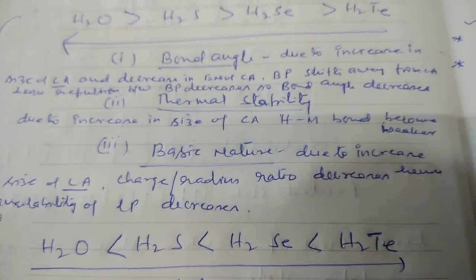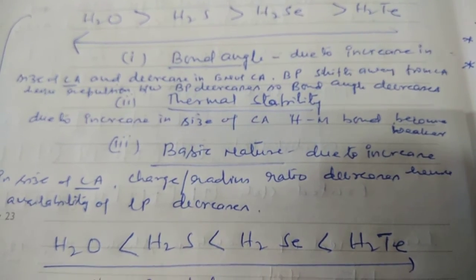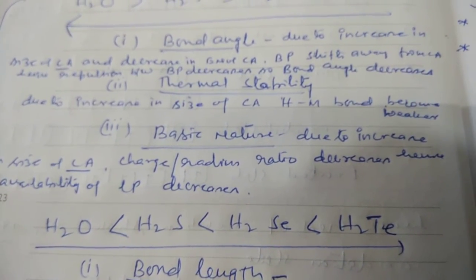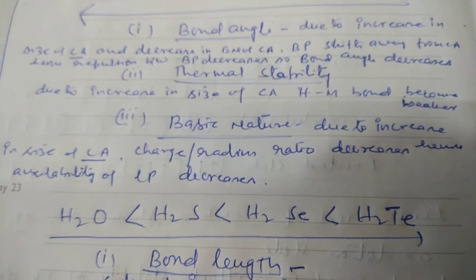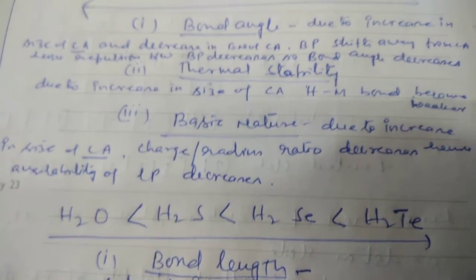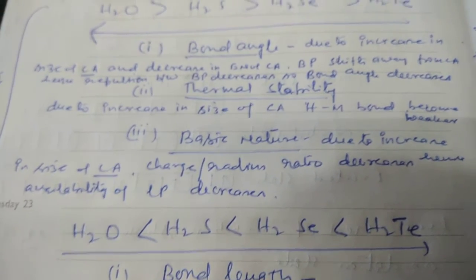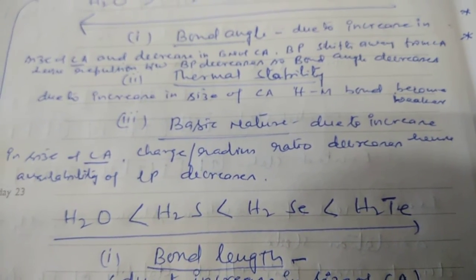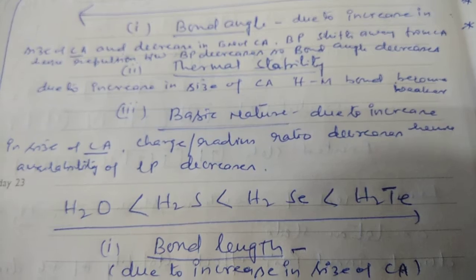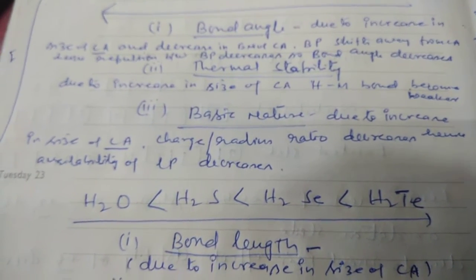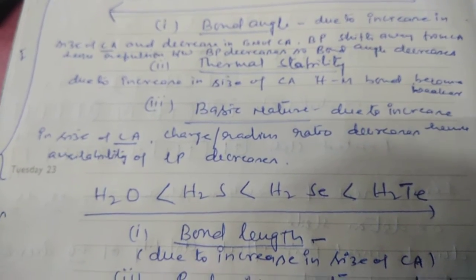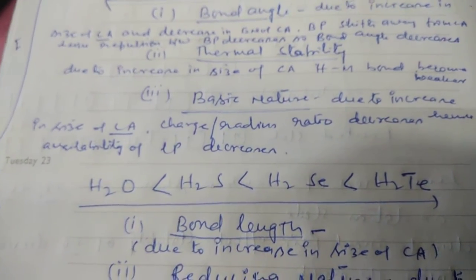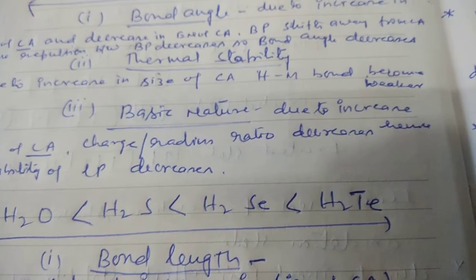Next one is the basic nature. Class, all hydrides are Lewis bases due to the presence of a lone pair of electrons on the central atom. Lewis basic nature depends on the availability of those lone pairs of electrons. As we move down the group, atomic size increases, as we are discussing again and again. Due to increase in atomic size, with the same charge on all central atoms but larger size, the charge to radius ratio decreases.